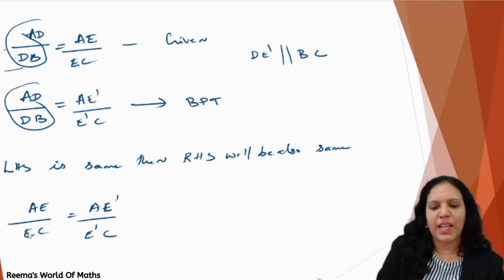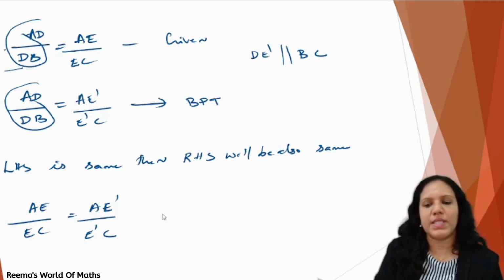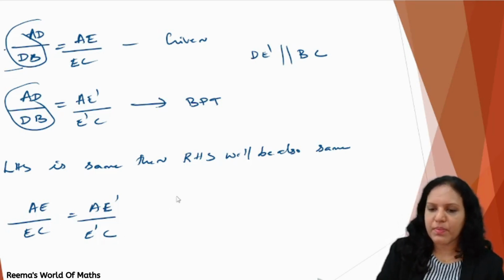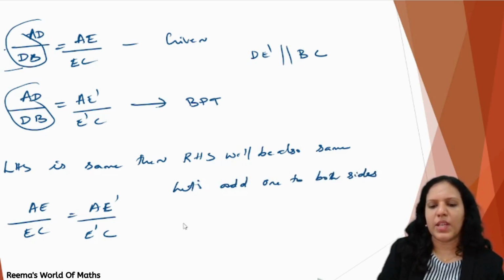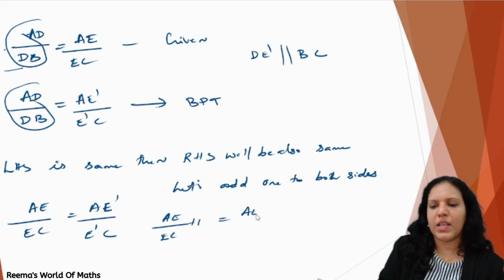So now let's add 1 to both the sides. So that will be AE by EC plus 1 equals AE dash by E dash C plus 1.